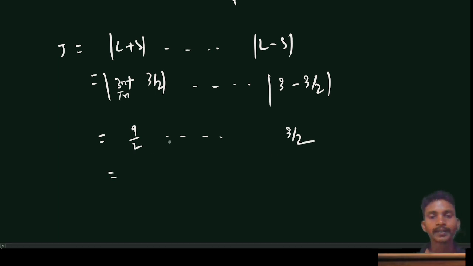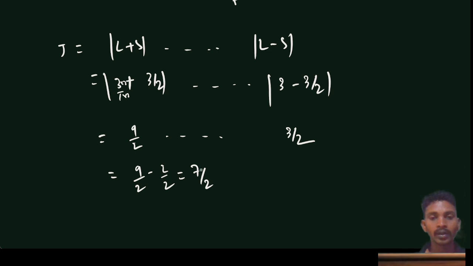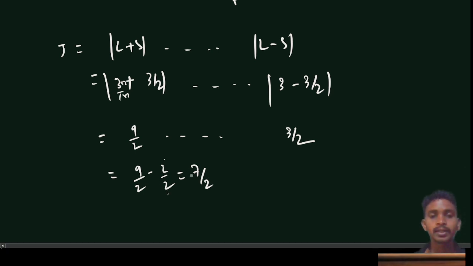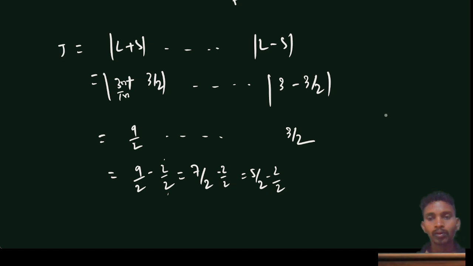So we subtract 1 each time: 9 upon 2 minus 1 gives 7 upon 2, then subtracting 1 again gives 5 upon 2, then again subtracting 1 gives 3 upon 2. So what are the values we will get here?